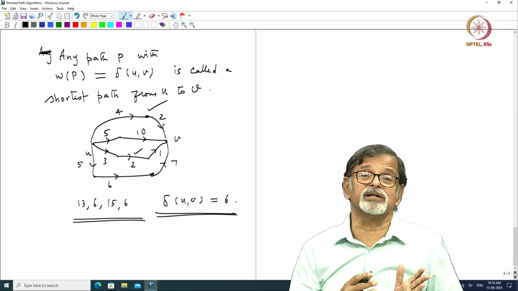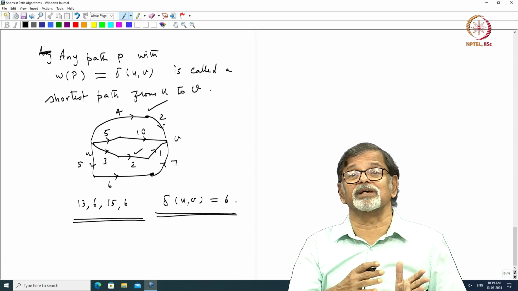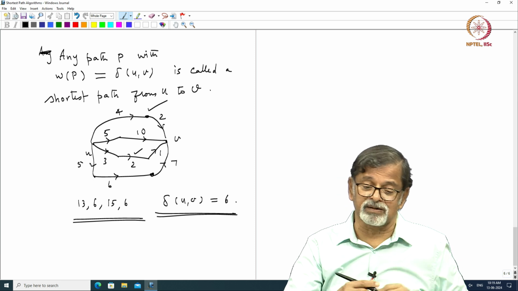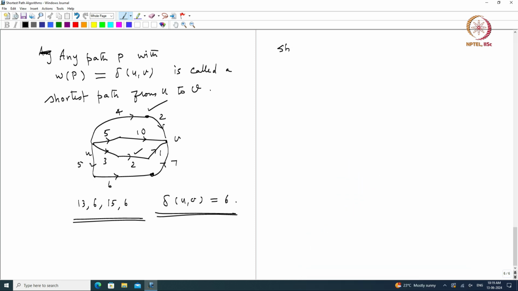Now let us see what happens when we examine this concept in the context of a walk. Things become a little tricky in this case. That is because walks can have an unbounded number of edges.